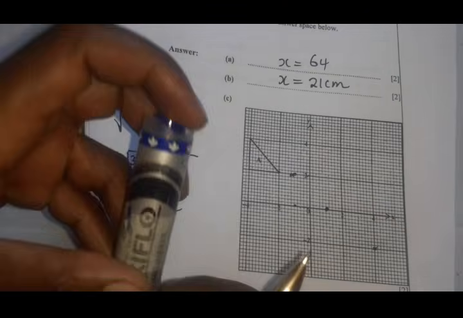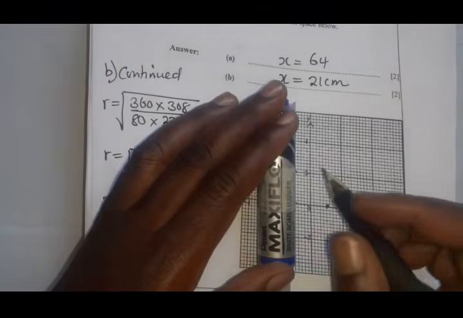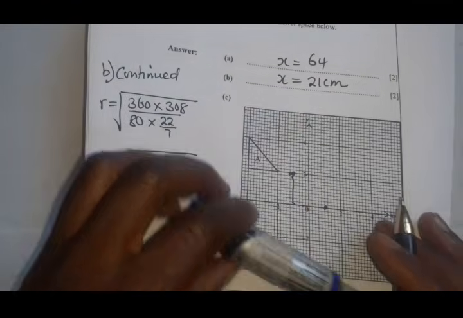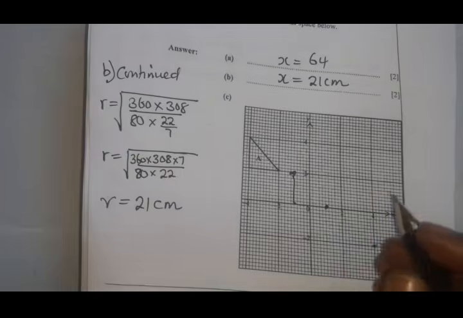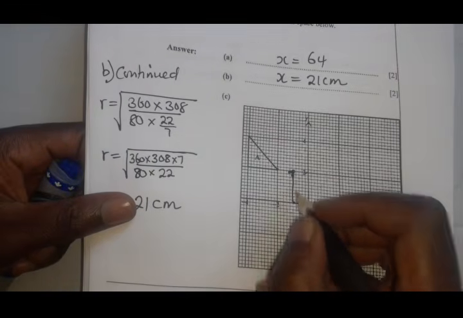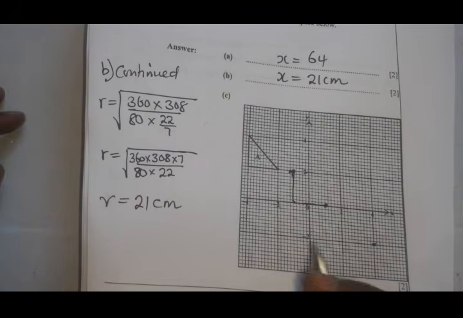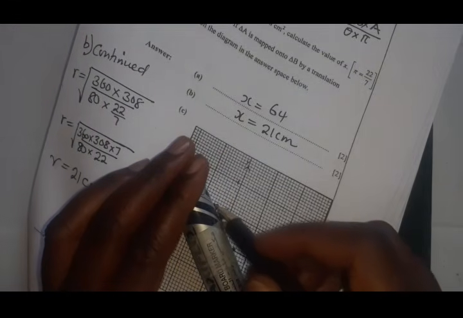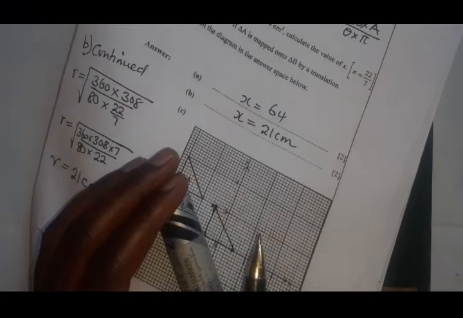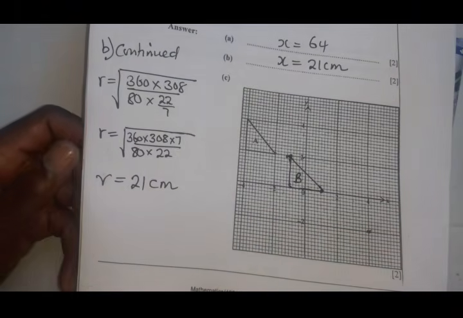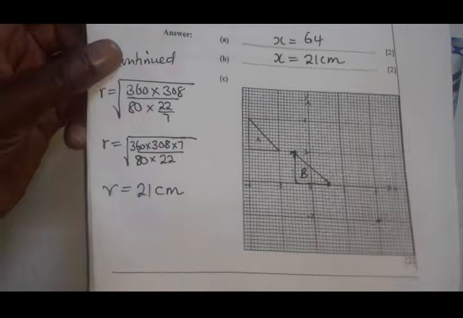So then we join just these points here. Join. Okay, this part is already okay here. Then you also have to join the other part there. I do not have a ruler. So okay, this is how it's going to be. This is what will be triangle B here.